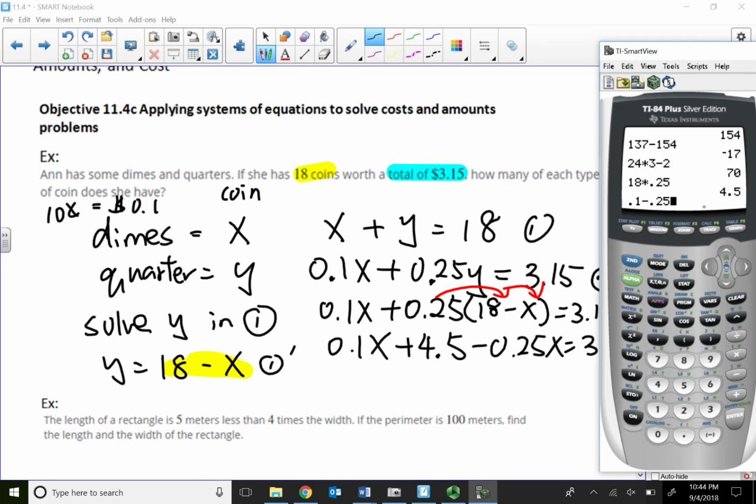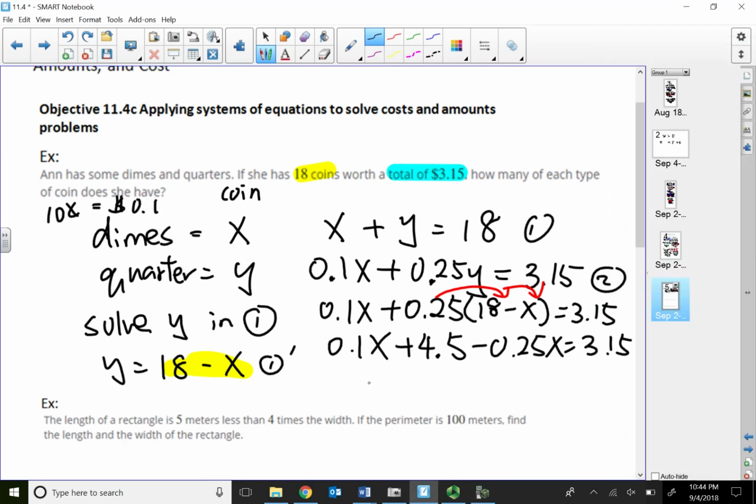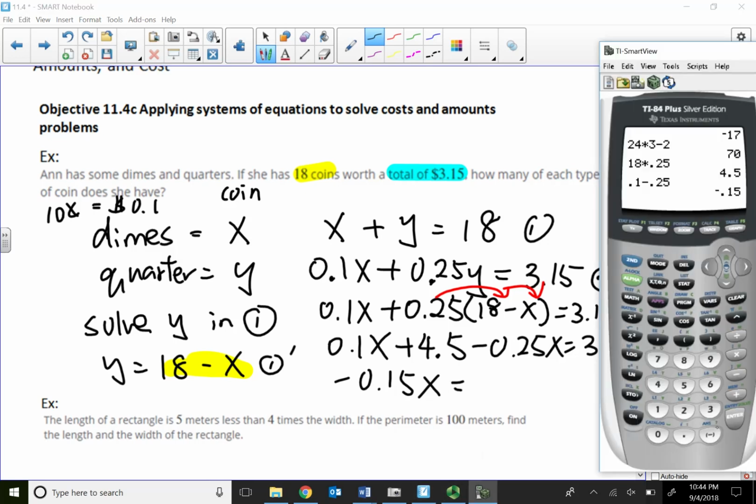It's getting too late at night, and I want to record this video, so I'm going to put it in the calculator. Negative 0.15x. Move my positive 4.5 to the other side, where it becomes negative. So that will be 3.15 minus 4.5, which is negative 1.35.